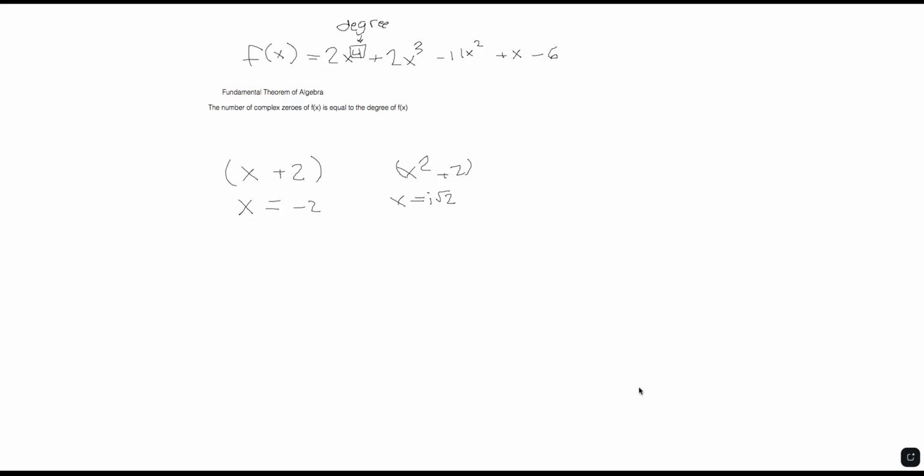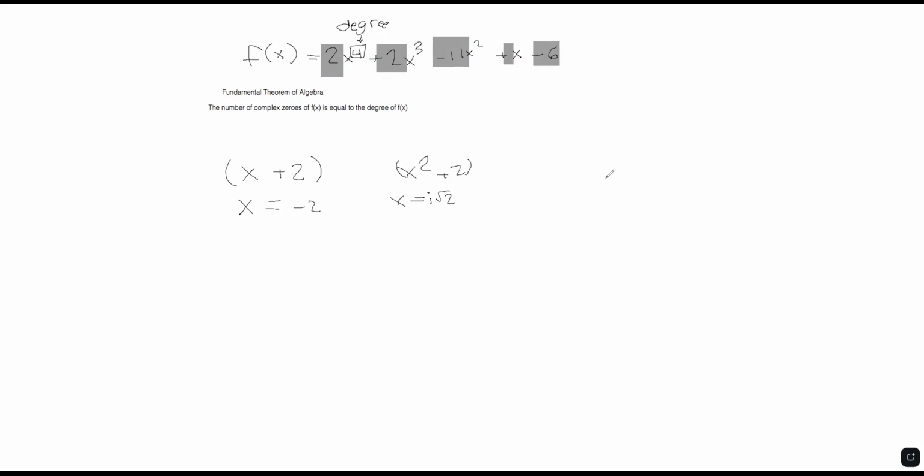And we want to look at the nature of the coefficients to tell us the nature of the real zeros. So if we want to look at the signs of the coefficients, our coefficients in this case are going to be 2, and then 2, and then -11, and then +1, and then -6.